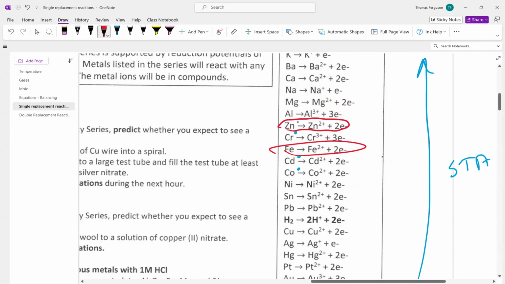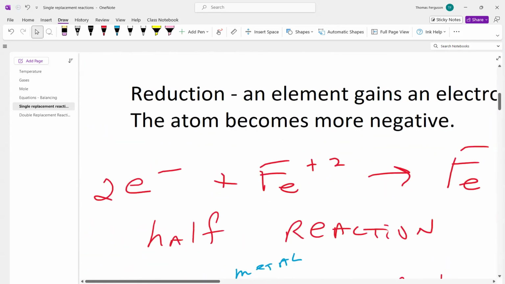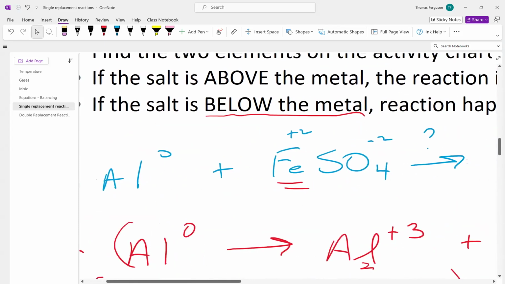Okay, so let's look at zinc and iron here. The salt is below the metal. Salt is below the metal. That means a reaction happens.